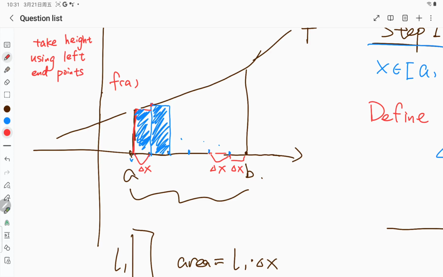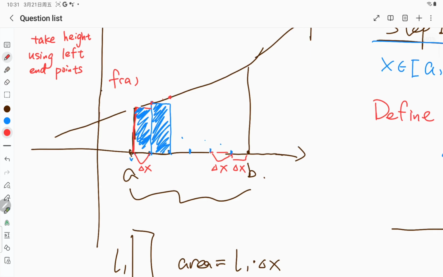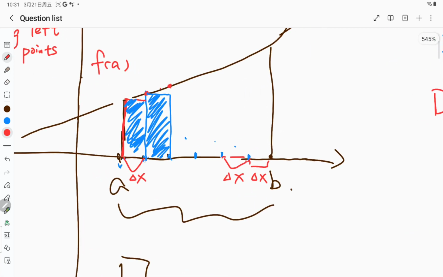Yeah, but for different requirements, you can also take the right endpoint as your height. As you can see, for the second subinterval delta x, if I take the right endpoint, this f is f(a plus delta x), and then this f is f(a plus 2 delta x), and we take this height.